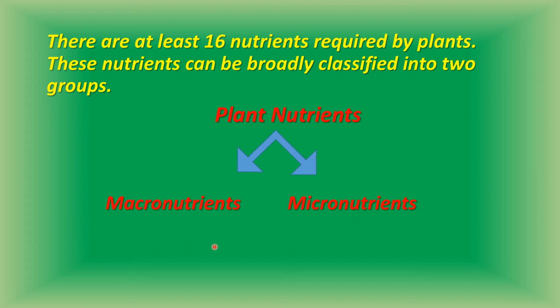One is called macronutrients and the second one is called micronutrients. By the term, it is very clear: macro means more, micro means less. So all those nutrients which are required in huge amounts by the crop are called macronutrients, and on the other side, those nutrients which are required in less amounts.